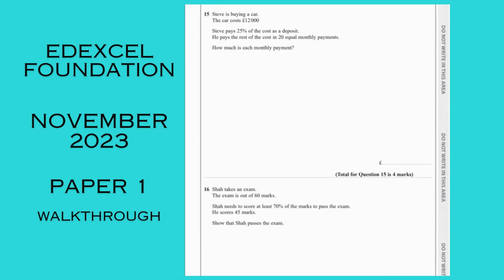Number 15, Steve's buying a car. So, Steve pays 25% deposit. So let's find a quarter of that amount. So we halve it for 6,000. We halve it again. He's going to pay £3,000. That means we take it away. 12 take away 3.